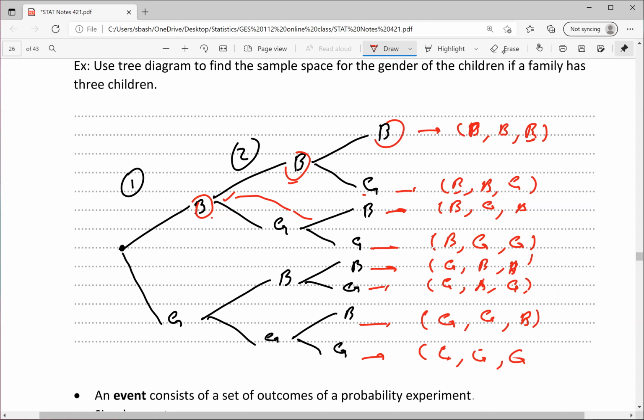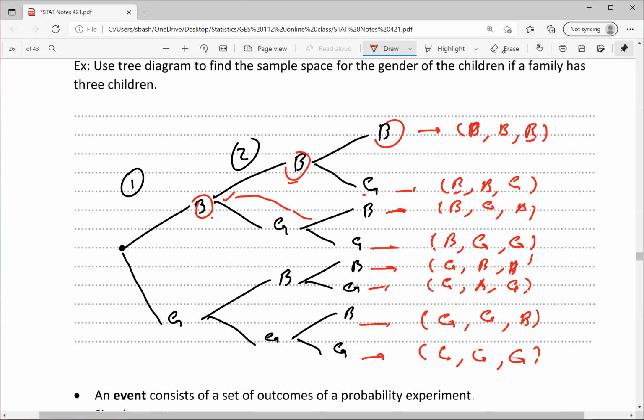So this is the list of all outcomes of this experiment. You can see we used the tree diagram to list all of the outcomes of the sample space. This is another method to list all the outcomes of the sample space.